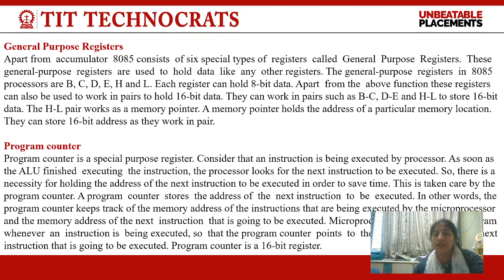Now, the HL pair stores 16-bit data. The HL pair works as a primary memory pointer. It tells you the status of memory. The memory pointer holds the address of a particular memory location and can store a 16-bit address as they work in a pair.